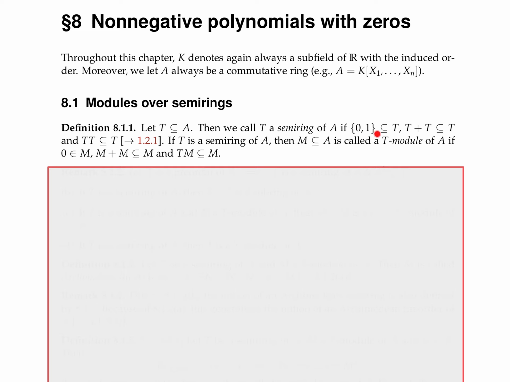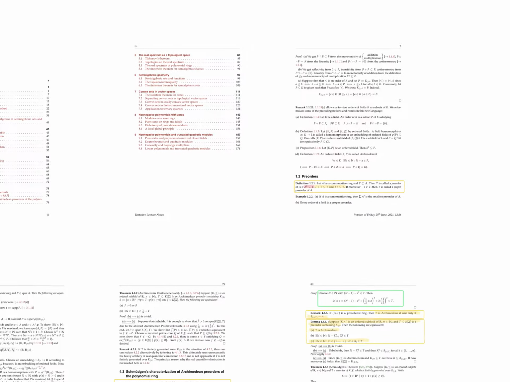If it contains 0 and 1, and if T plus T is contained in T, so it's closed under addition, and T times T is contained in T, so it's closed under multiplication. So it contains the two elements 0 and 1. If you have a zero ring, that's just one element, because 0 could be 1, but anyway. So it contains 0 and 1, and it's closed under addition and multiplication. This looks like something very natural. If you compare this to the notion of a preorder in chapter 1, we had that already, right?